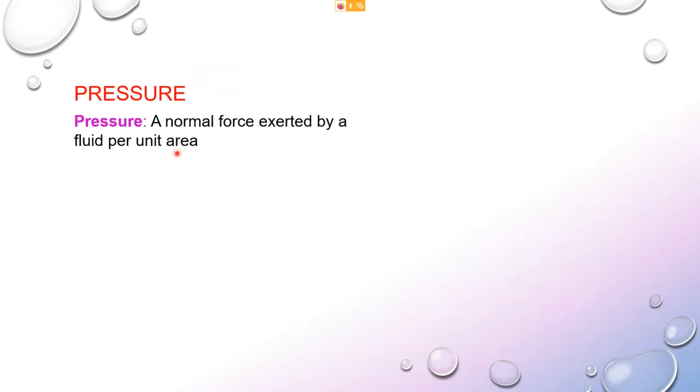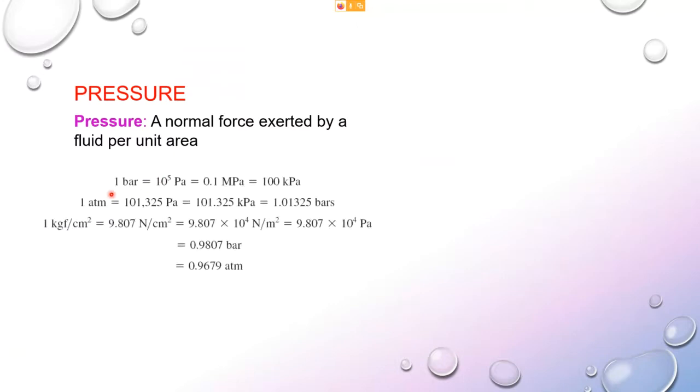Okay, 1 Newton per meter square is equivalent to 1 Pascal. So 1 bar is 10 to the power 5 Pascal. That is also 10 to the power of 5 Newton per meter square.